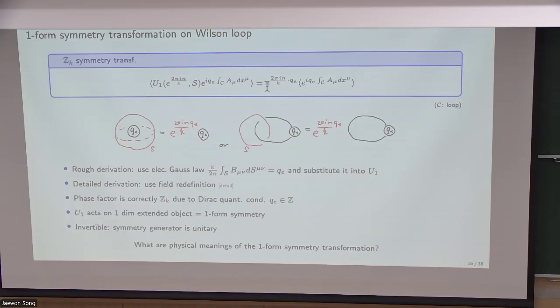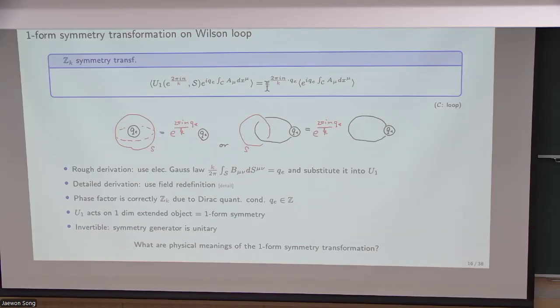In ordinary symmetry in quantum mechanics, the physical interpretation of the unitary operator is that it preserves the transition probability.